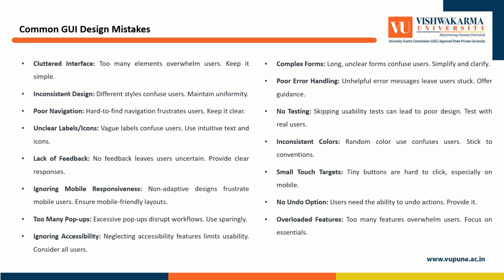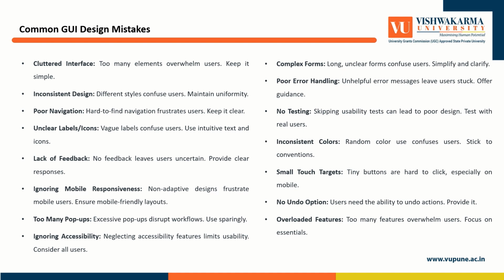No testing: skipping usability tests can lead to poor design. Test with real users. Inconsistent colors: random color use confuses users, stick to conventions. Small touch targets: tiny buttons are hard to click, especially on mobile. No undo option: users need the ability to undo actions. Provide it. Overloaded features: too many features overwhelm users. Focus on essentials.